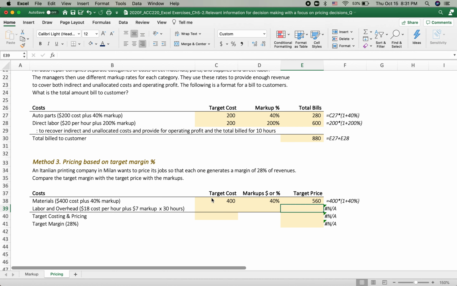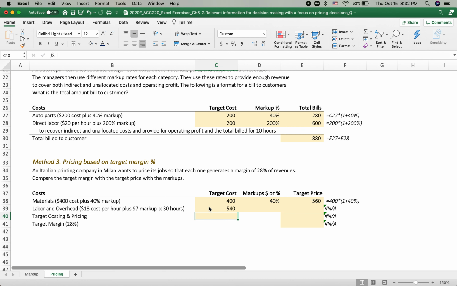That is the target price for the materials. Now the labor and overhead cost is $18 cost per hour plus $7 markup times 30 hours. Then how do we get this target cost? For the target cost, $18 cost per hour times 30 hours for labor.